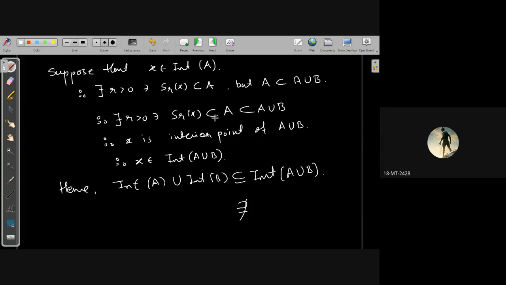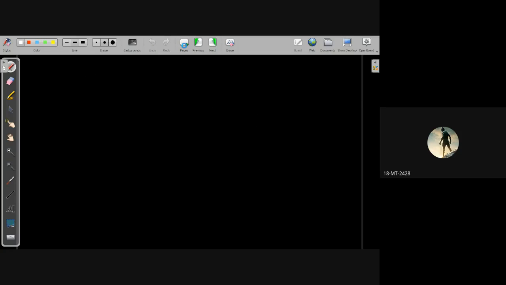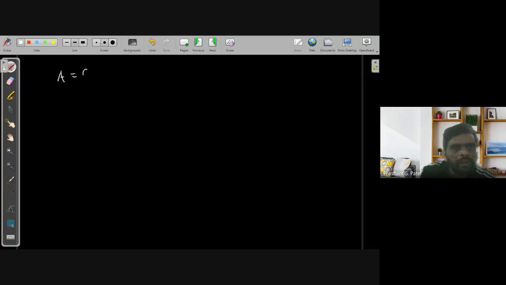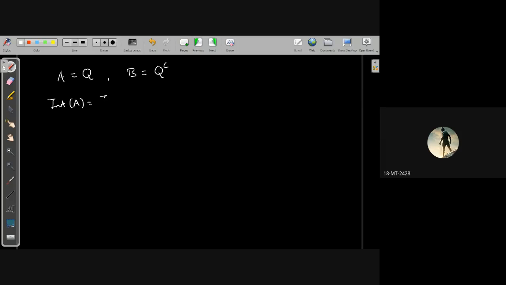If we choose A equals Q and B equals Q complement. What is interior of Q? Phi.